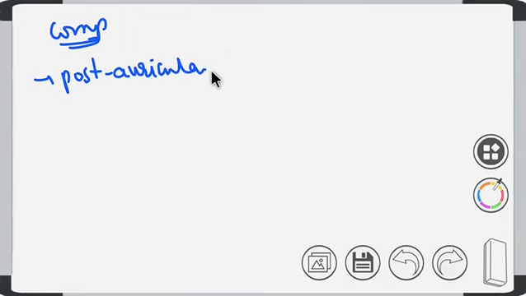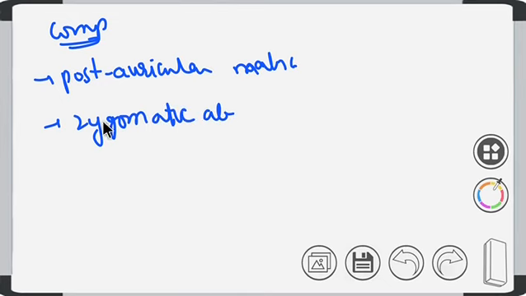Then what could be the complications of this acute mastoiditis? It results in post-auricular abscess formation if we don't treat it. Then zygomatic abscess. It results in Bezold abscess. I'll make a video on this Bezold abscess in the next video. Okay, I'll discuss this in the next video.